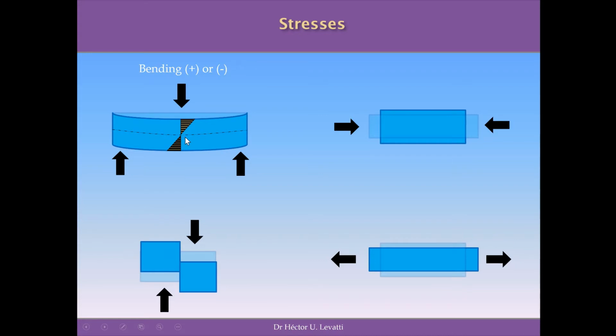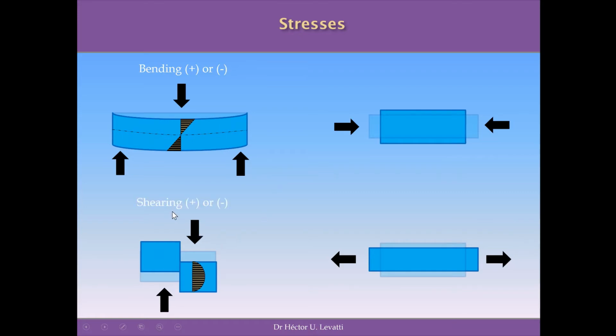And because of these internal forces, there are stresses on every cross section. For example, here you can see that there is a linear distribution of stresses with the maximum on top and at the bottom of this particular cross section in the middle of this beam. We are going to study in more detail this distribution and the values of these stresses.